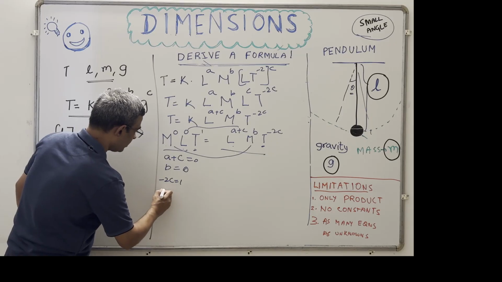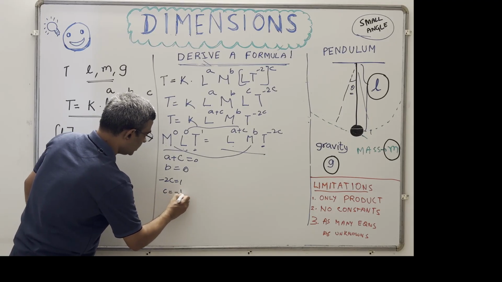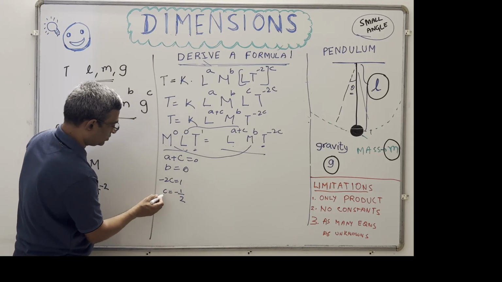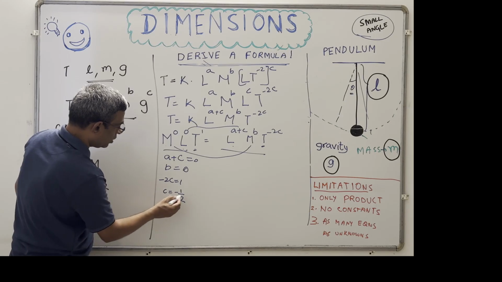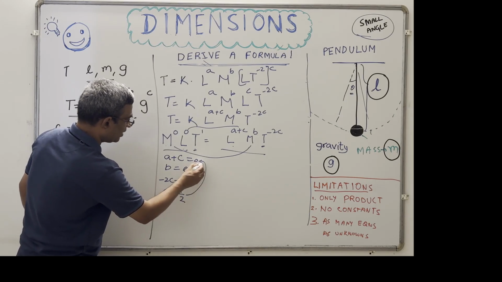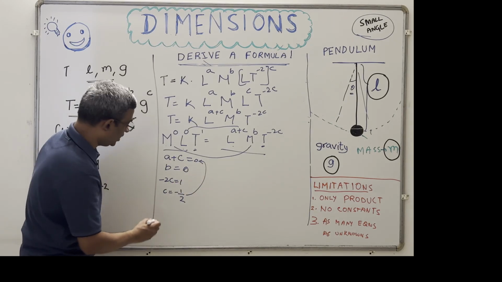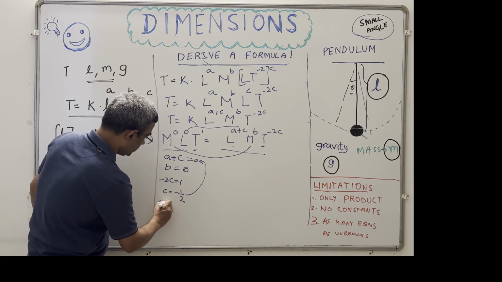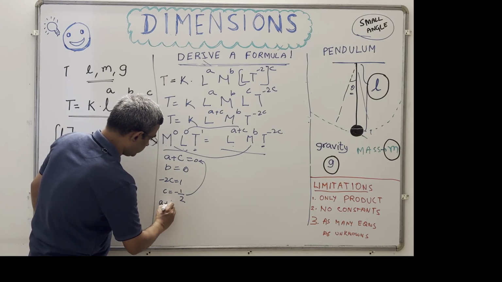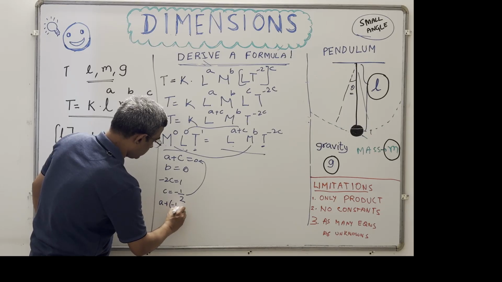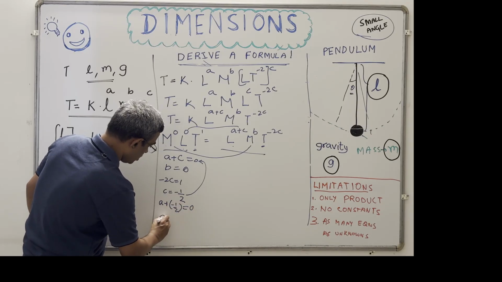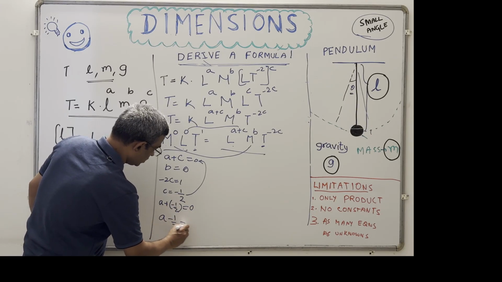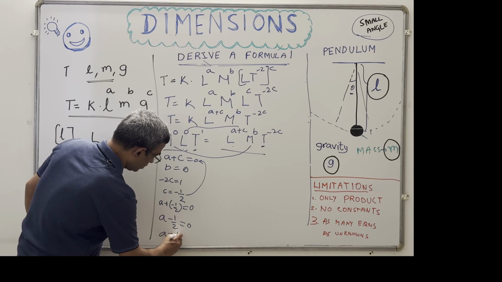So from this we have c is equal to minus 1 by 2. Now if we put this value in the equation a plus c is equal to 0, a plus c, or a minus 1 by 2 equal to 0, and a equal to 1 by 2.